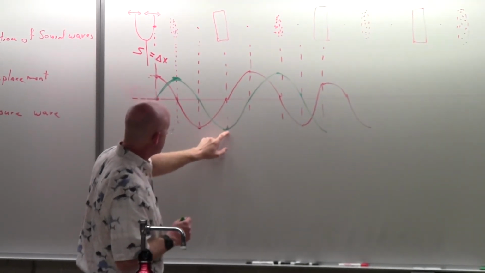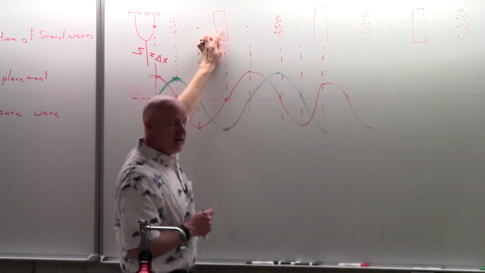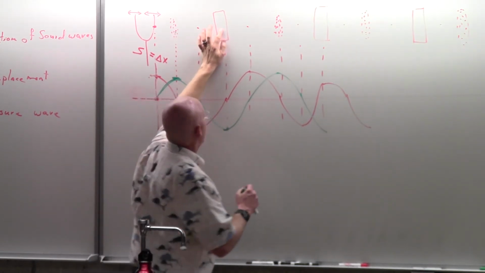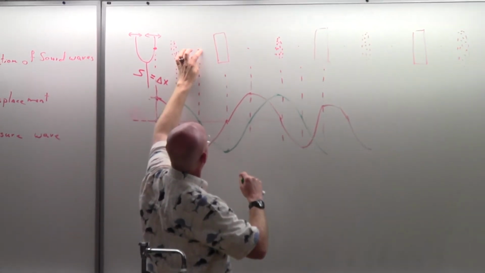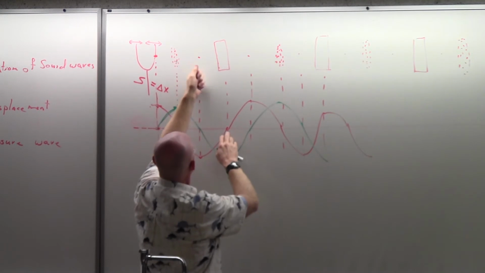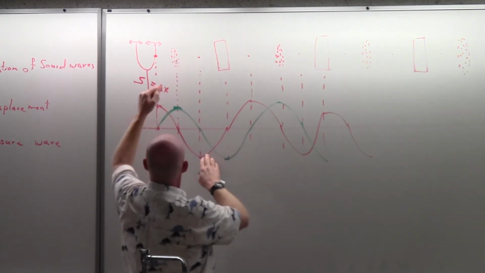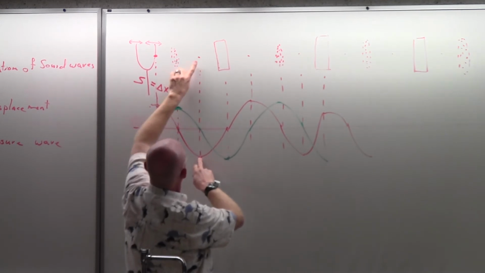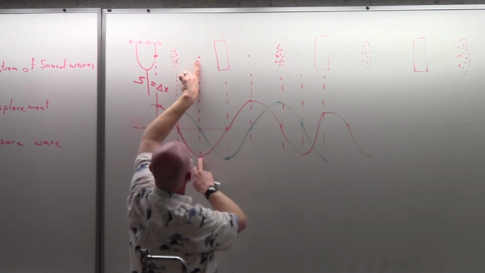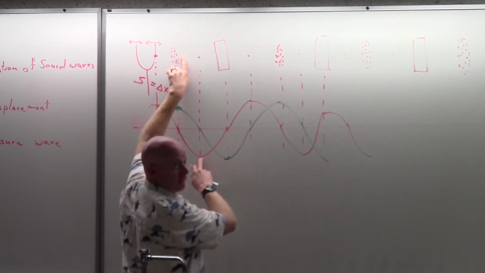Where the pressure is low, the molecule that's at a home base here doesn't move. What I'm saying is all of these molecules, let's see if I got this right here, are going to get shoved in that direction, negative, right?